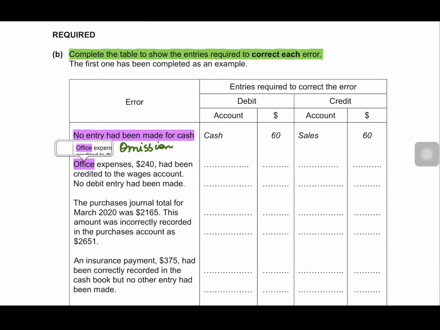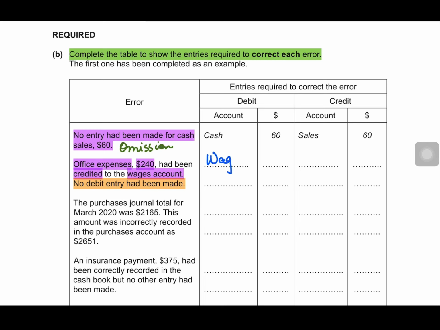It says office expenses 240 had been credited to the wages account and no debit entry had been made. All right. So office expenses 240 had been credited to the wages account. Wages account should not have been used in order to record this transaction. However, it has been incorrectly credited. So first of all, in order to eliminate the effect of the wrong treatment from the wrong account, we now have to debit wages.